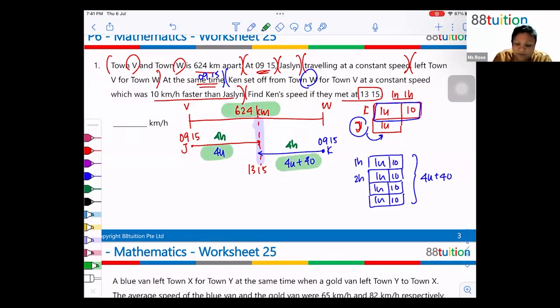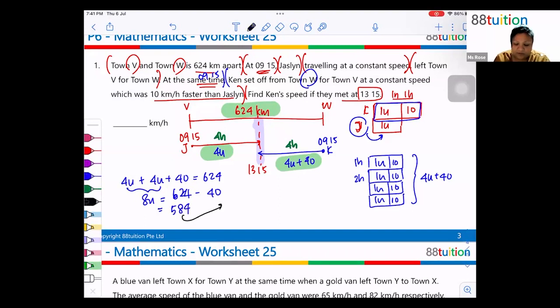Now, we know that the total distance is 624 kilometers. So 4 units plus 4 units and 40 must be equal to the total distance between town V and town W. So you have 8 units equals 624 minus 40, to give me 584.